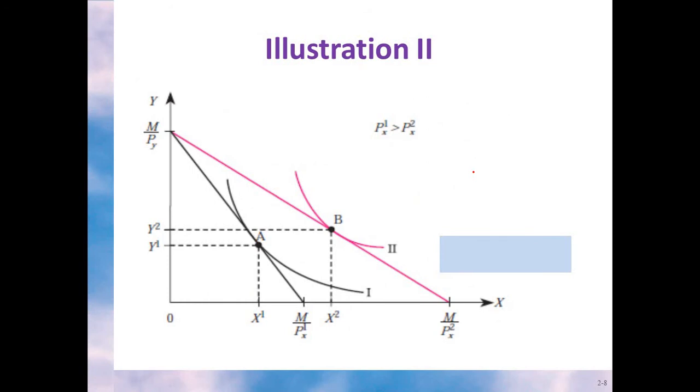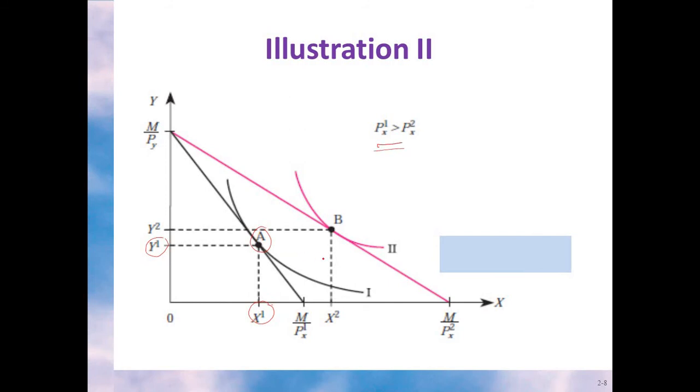If we look into the second illustration, you can see here that initially the consumer is at point A, at bundle A, where the quantity of Y is here, Y1, and this is the quantity of good X. This is a combination of Y1 and X1. So what happens here?